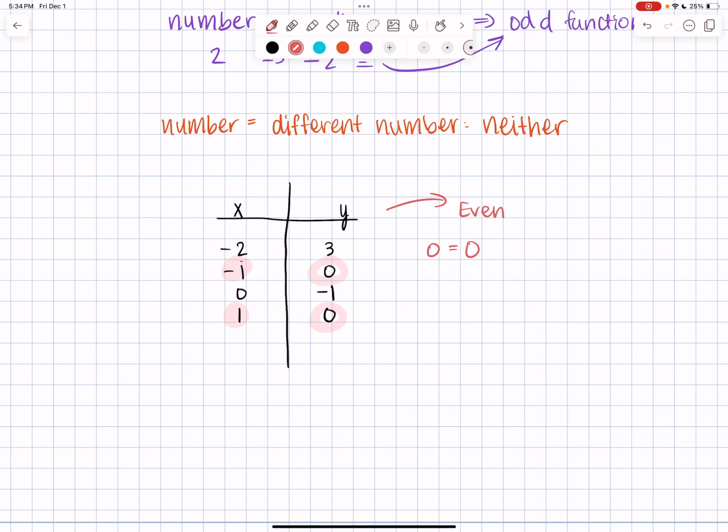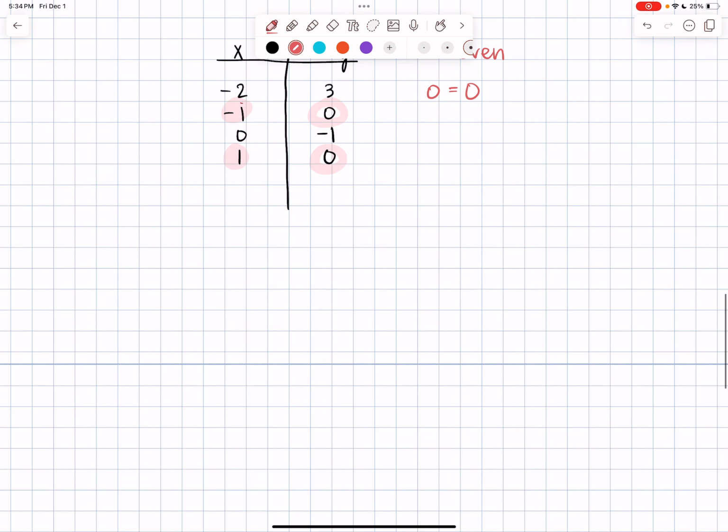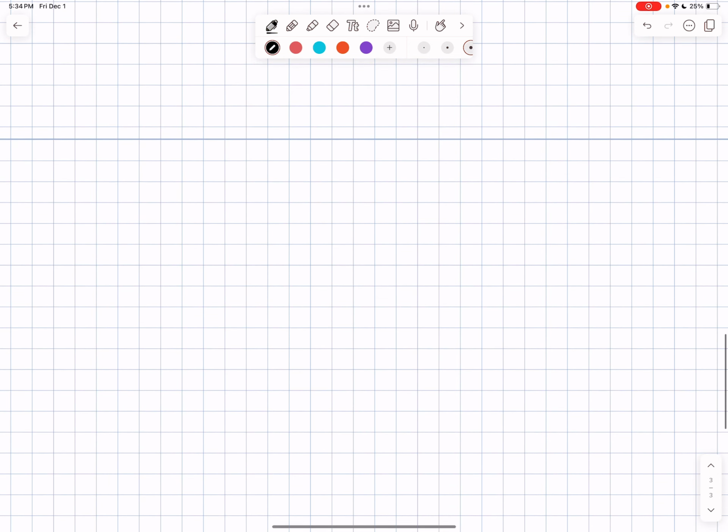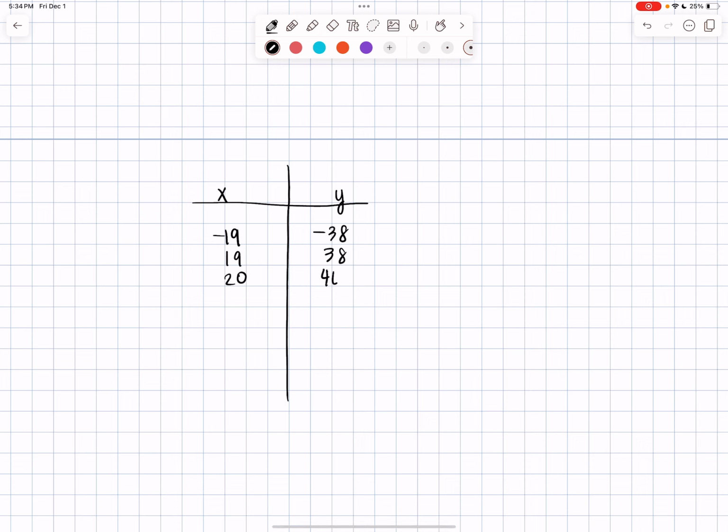What about this table over here? We have x and y, and we have -19, -38 here, 19, 8, 20, 32, 64. We're going to be looking at the left and right side for the x.